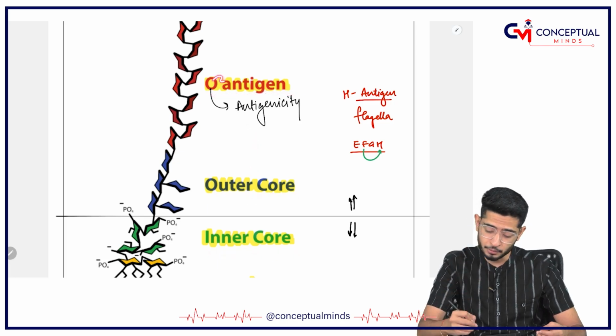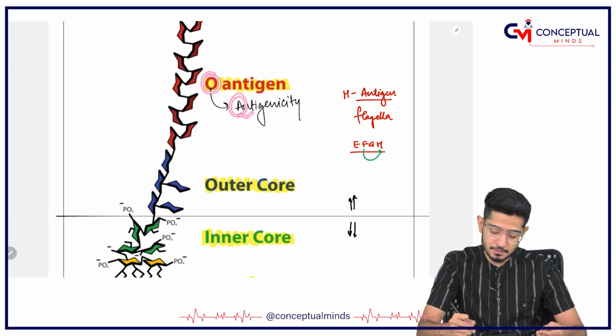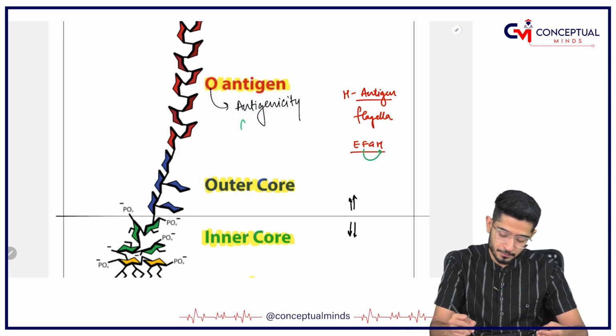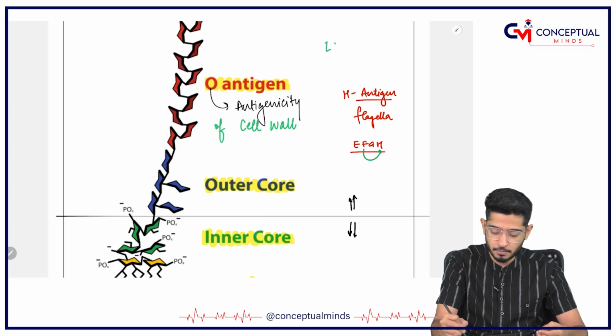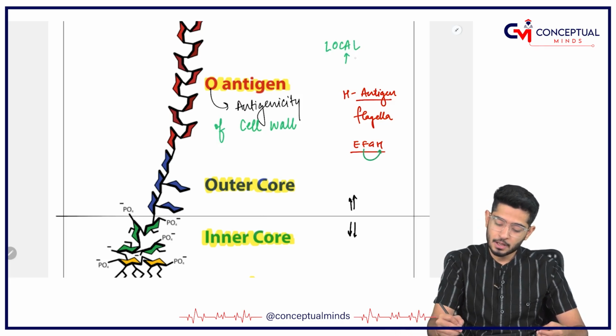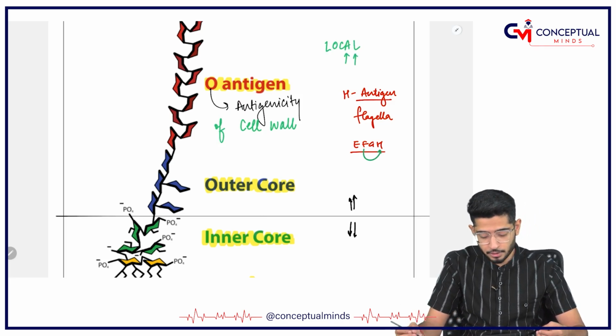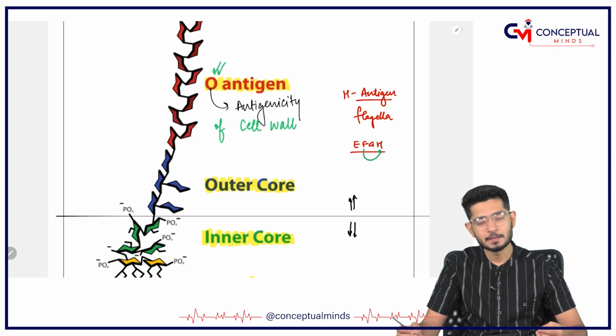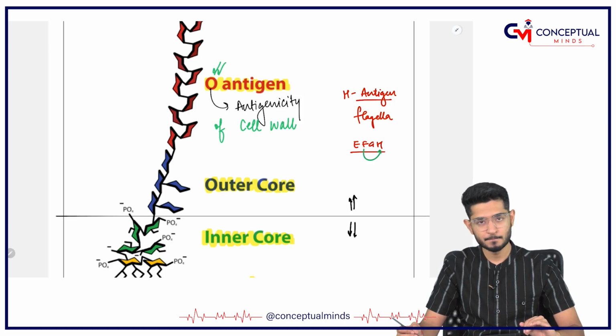I've already told you that O antigen is responsible for the antigenicity in the cell wall. And if you remember the mnemonic local, A for antigenicity, right? Because of lipopolysaccharide also, and because of O antigen as well. So outer core, inner core, right?